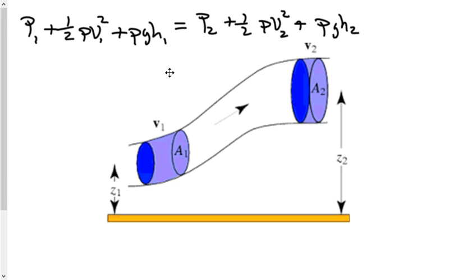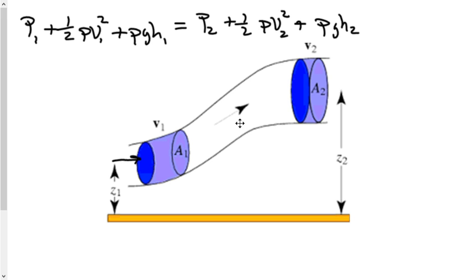This is really the law of conservation of energy as it applies to laminar flow, or flow of a fluid. So a fluid enters here at this particular location, this particular height. The pressure of the fluid at that instant can be recorded, a beginning velocity and beginning height, and you fill in all that information here.